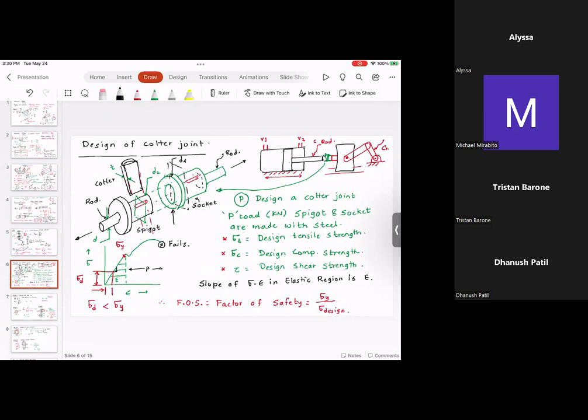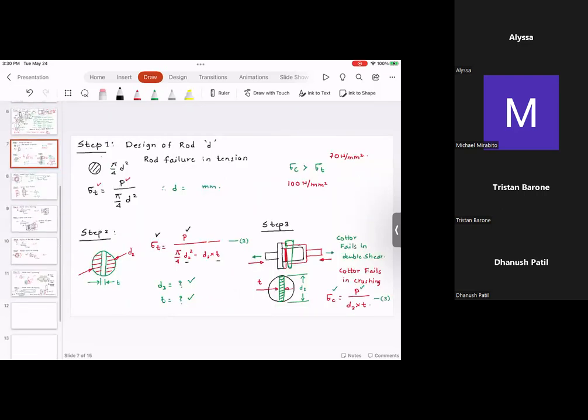There are about 5 to 6 problems completely worked out in the textbook for each different variety of Cotter joint. So if you have any questions, you can look at the examples that are worked out in the textbook. But this is the baseline procedure for Cotter joint, and that would allow you to design any variation of the Cotter joint.